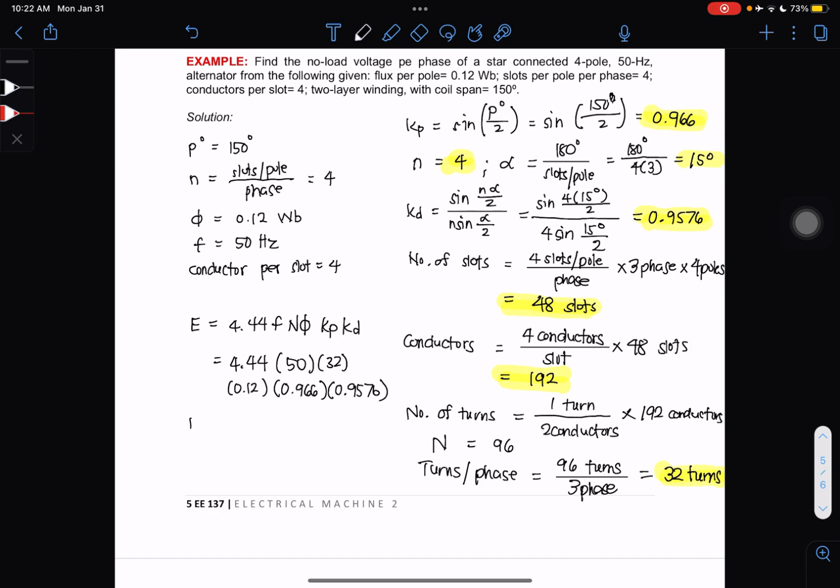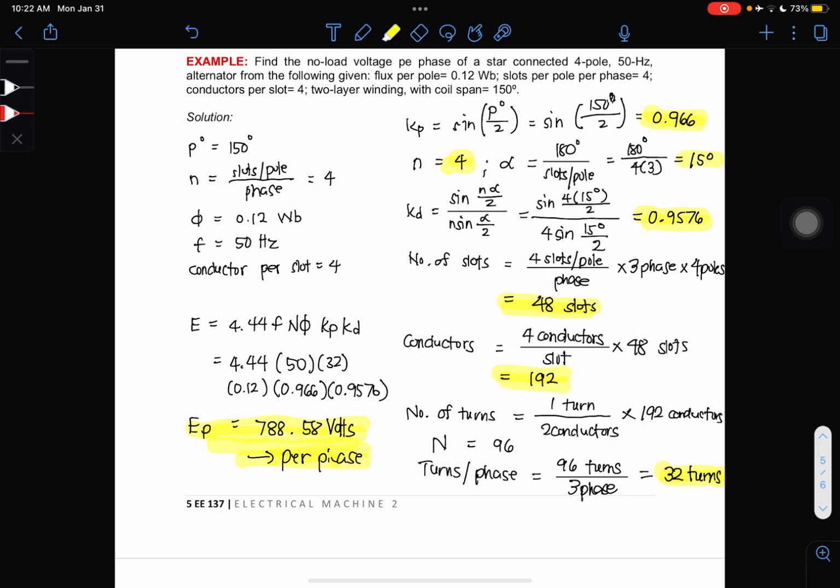So our final answer is 788.58 volts per phase. So this is our final answer.